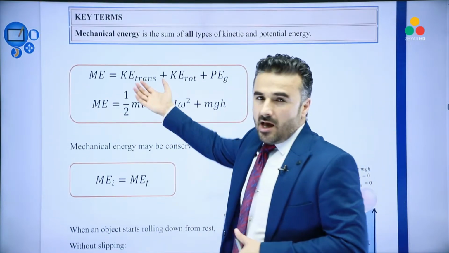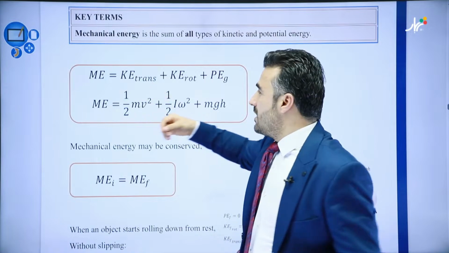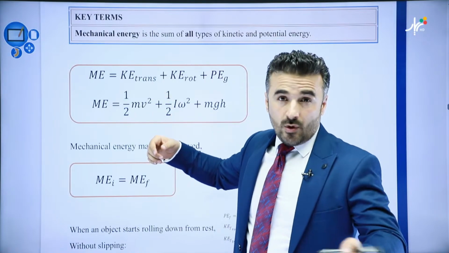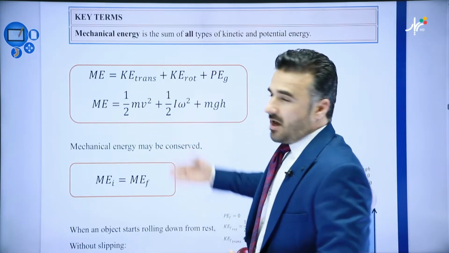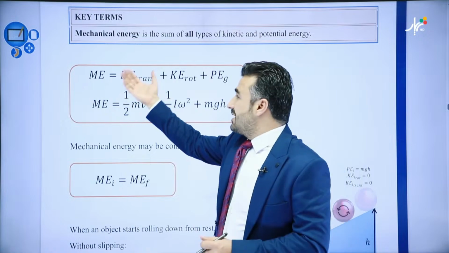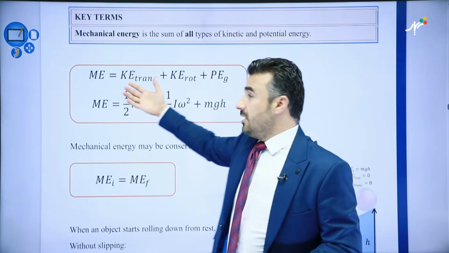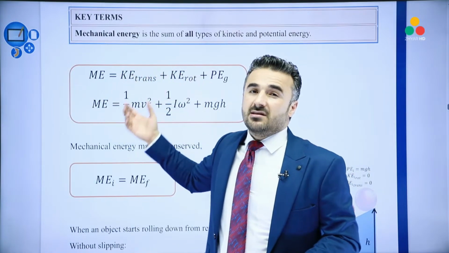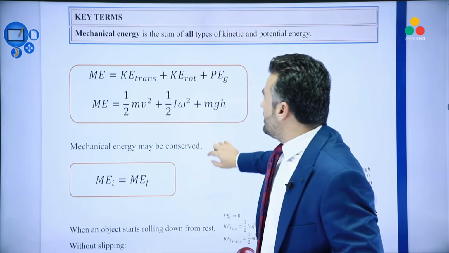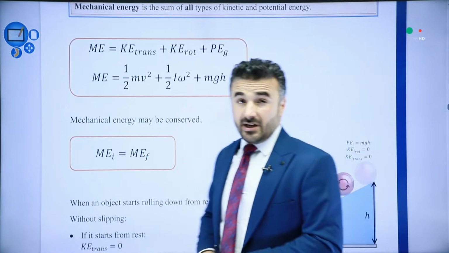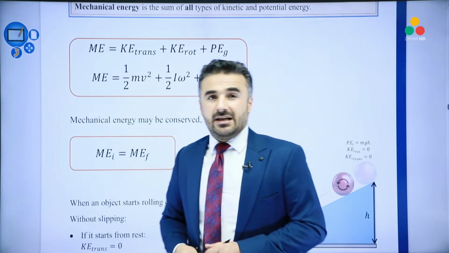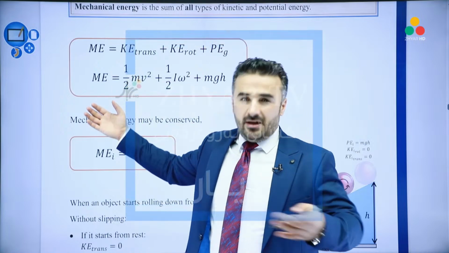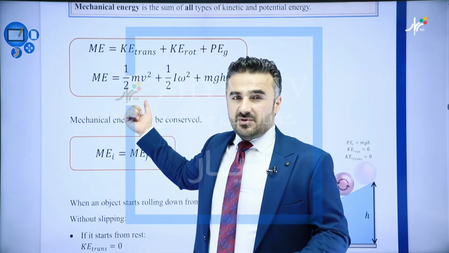Mechanical energy is measured in joules. It is a scalar quantity, not a vector. Mechanical energy is equal to translational kinetic energy plus rotational kinetic energy plus potential energy. For translational kinetic energy, it is equal to 1/2 mass times velocity squared.